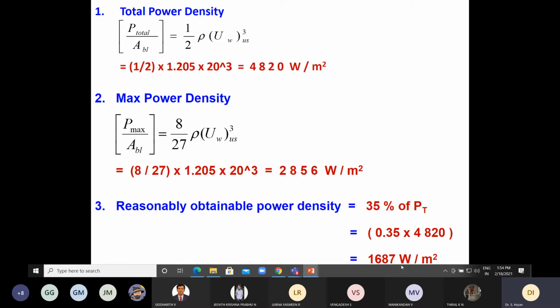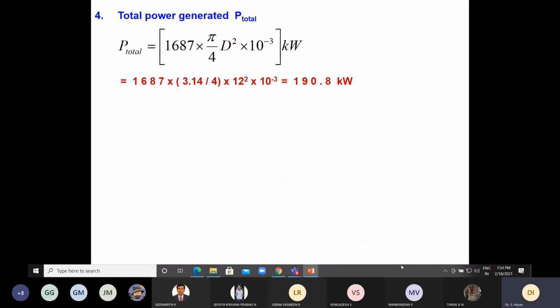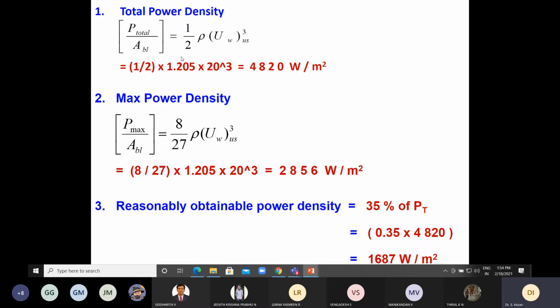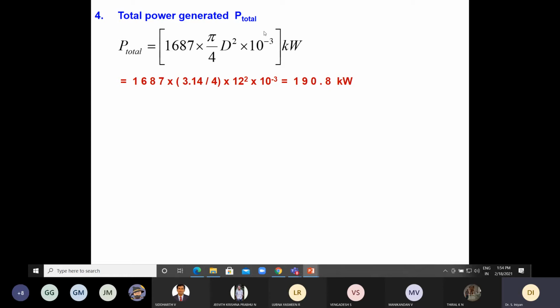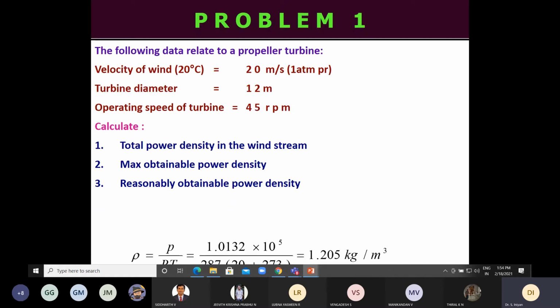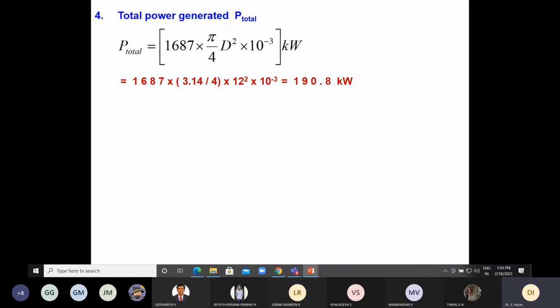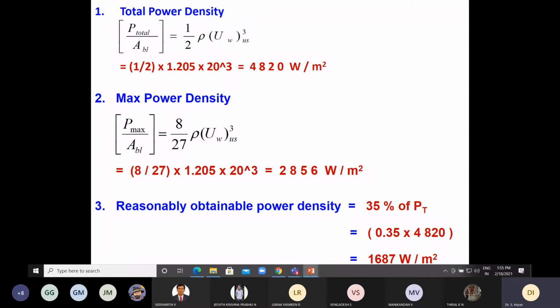And at last find out the total power generated, how much power you are going to generate. P total is equal to this reasonable power density value into A. So A is nothing but your area, pi by 4 D square. So D is nothing but the diameter of the turbine. The diameter of the turbine they have given in the problem is 12 meter, and the reasonable power density you have calculated as 1687 watt per meter square, right?